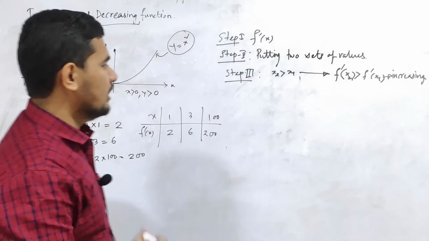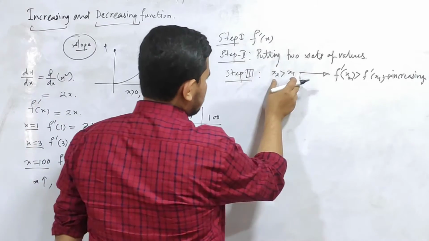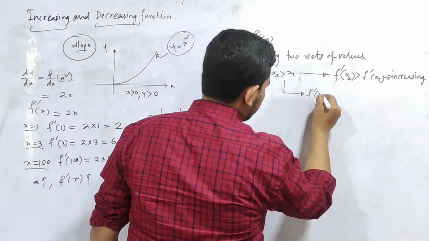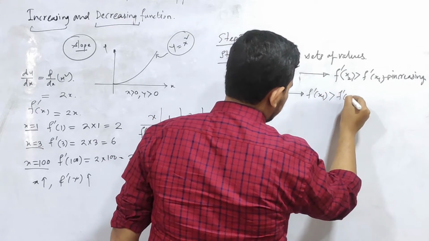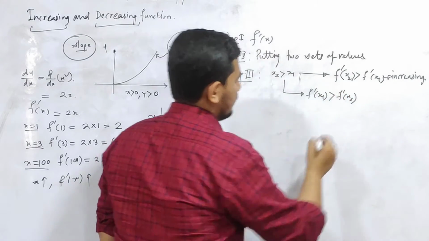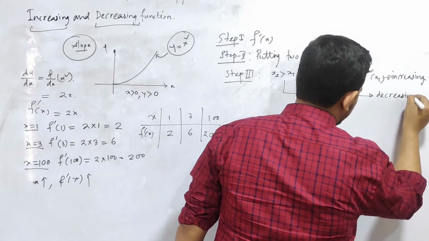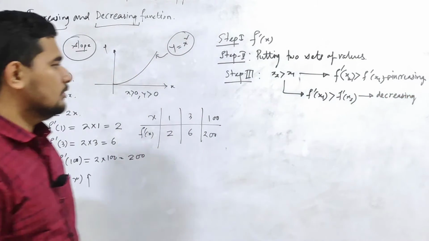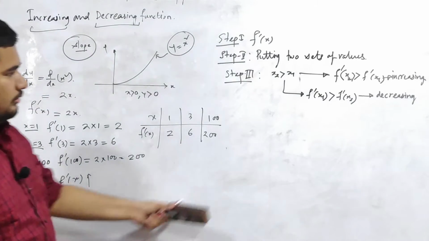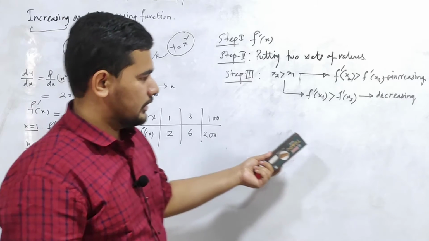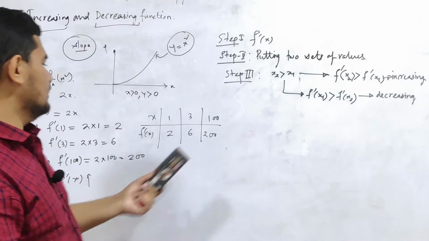But if the reverse happens, that x2 is greater than x1, but I am getting a smaller value, then this function will be called a decreasing function. So from this formula we can always get whether a function is increasing or decreasing.